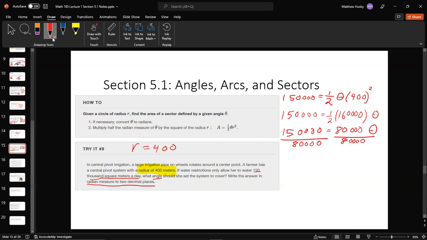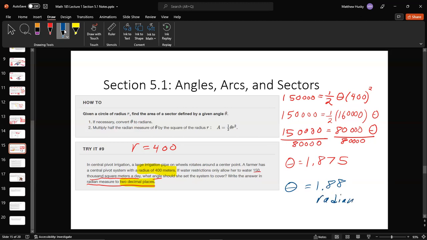150,000 divided by 80,000 is going to give you 1.875. So theta is 1.875. They do tell us to round to 2 decimal places. So we're going to round this up to 1.88 radians.